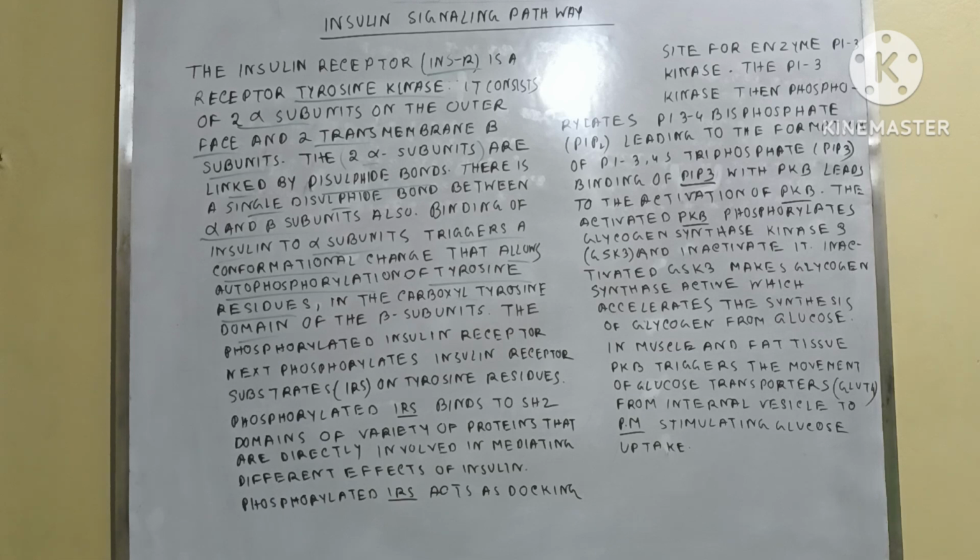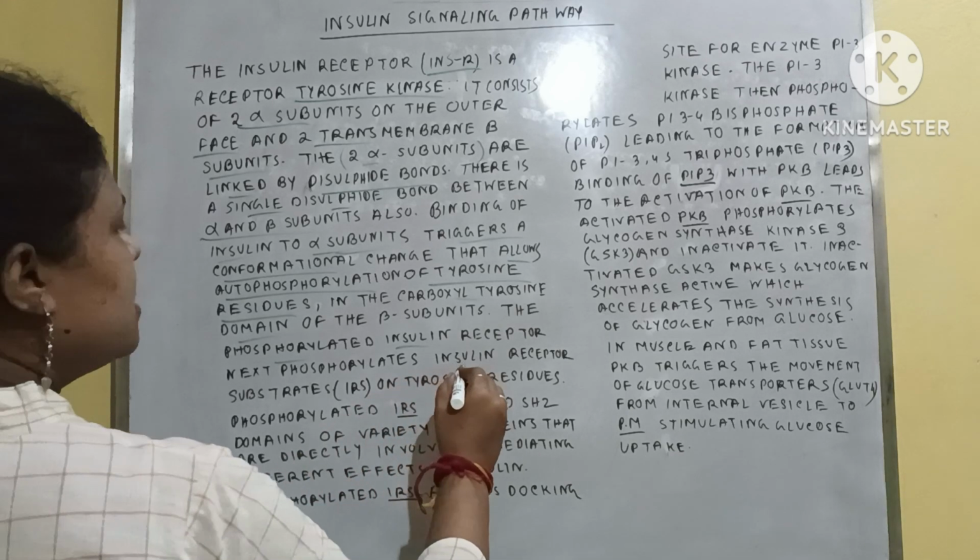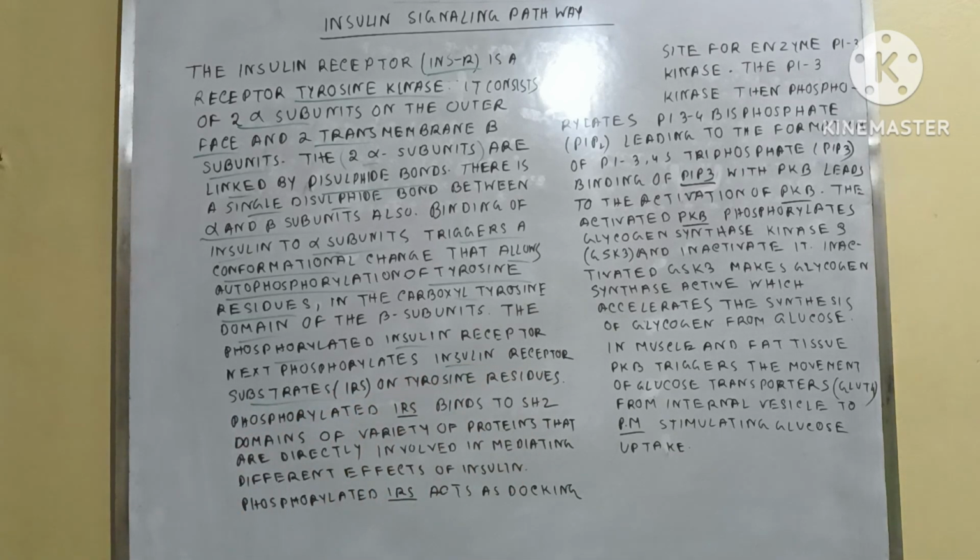And the phosphorylated insulin receptor next phosphorylates insulin receptor substrates.